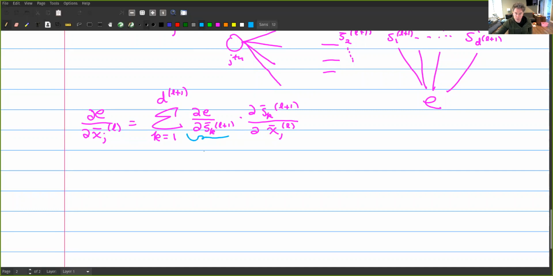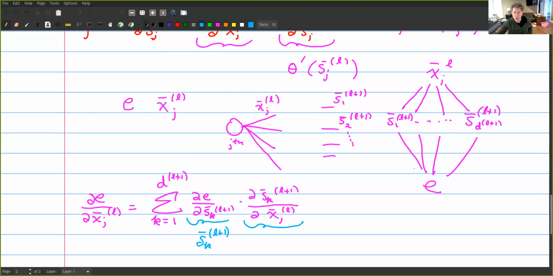All right, so the good thing now is that each one of these is easy to compute. This one is just the kth entry of delta L plus 1 by definition of delta. And this one, if you think about it, here you just have all these weighted inputs. So the kth one here, what's coming in here that's relevant is just WJK, the weight that connects J to the kth node over here, times XJL.